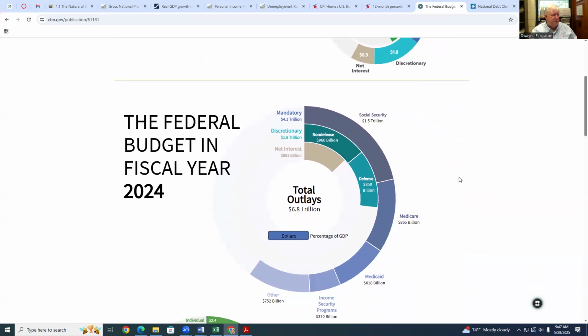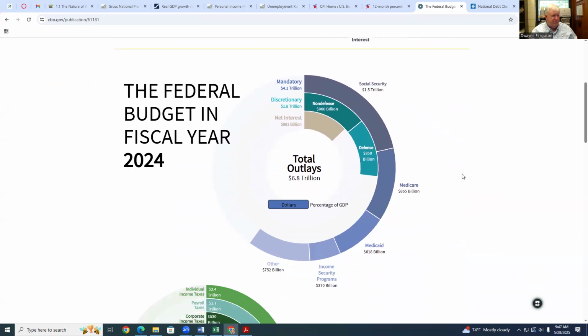So you can see the government spends a lot of money on Social Security. Well, why do you think that's going to go down? No, that's not going to go down because we have this group of older people, boomers, that are going through the system, and they're going to be applying for Social Security, and they're going to need health care. You can see those things here: Medicare, Medicaid.